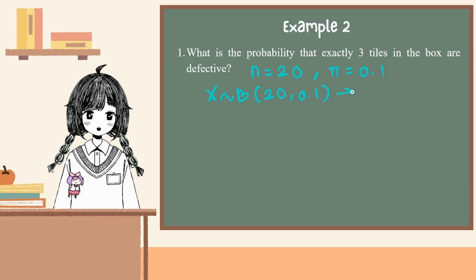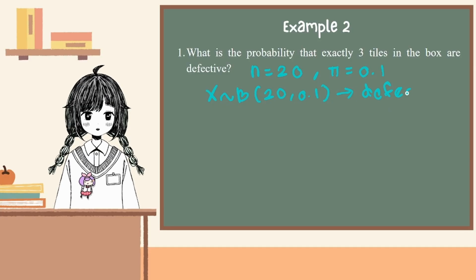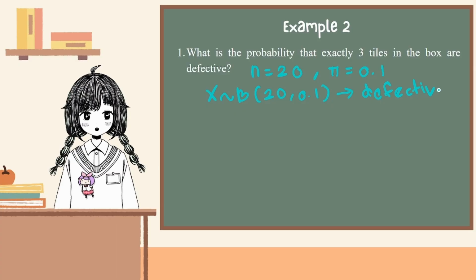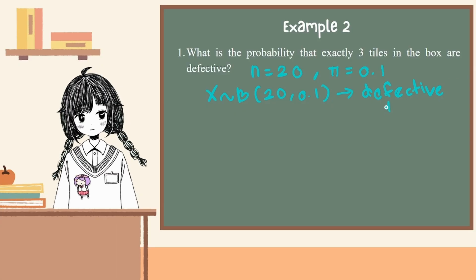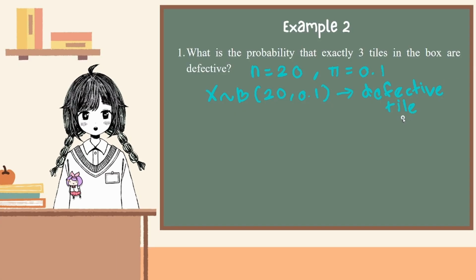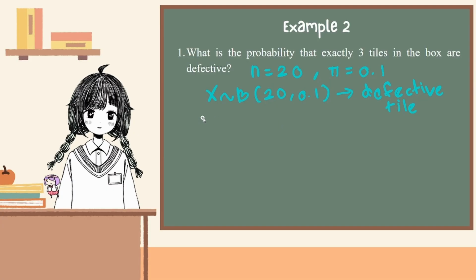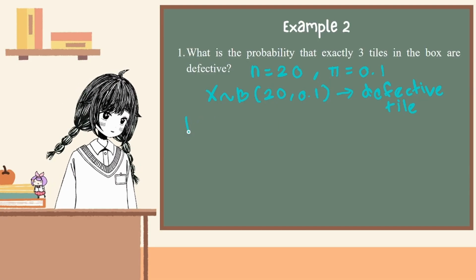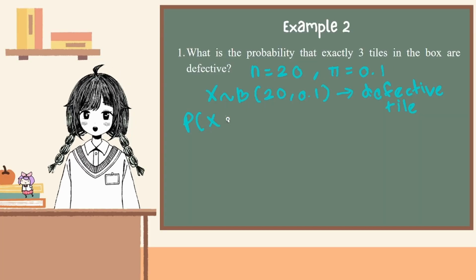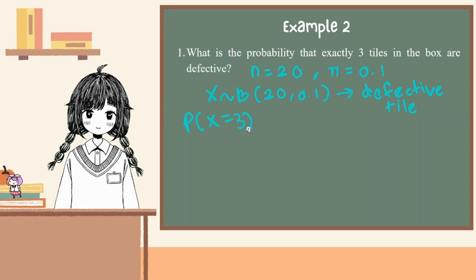This represents the defective tiles. So we want to find P(X = 3).